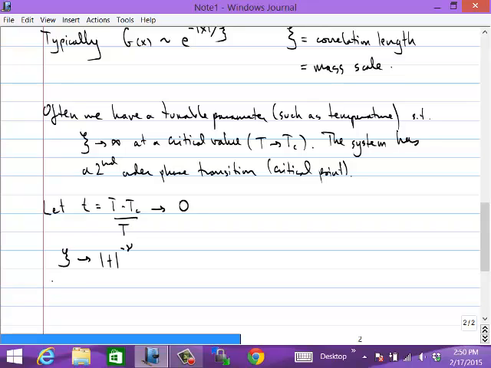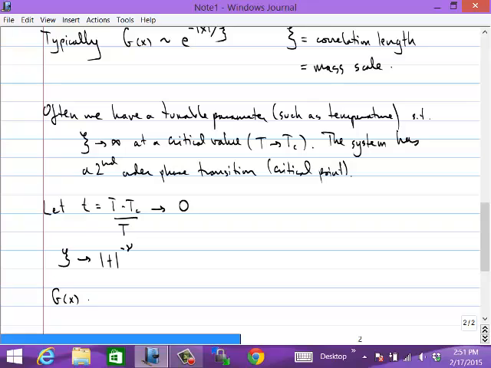And at the critical point, the correlations are no longer exponential, but because the correlation length has gone to infinity, we no longer have a dimensionful scale in the problem. So the correlations are no longer going to fall off exponentially, but they have to fall off as a power.